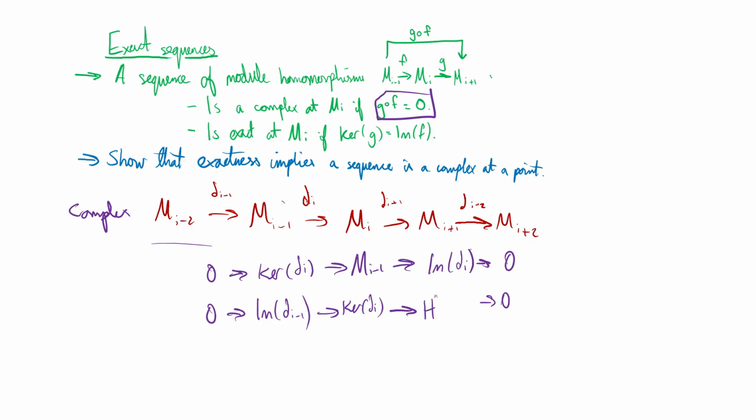But this is written hi minus 1 of m, because all of these are m sub, just to show that it's a complex. So M bullet, or A bullet, or B bullet, or indeed at the top, because you tend to write i plus 1. Oh, in fact, it's i minus 1 here.